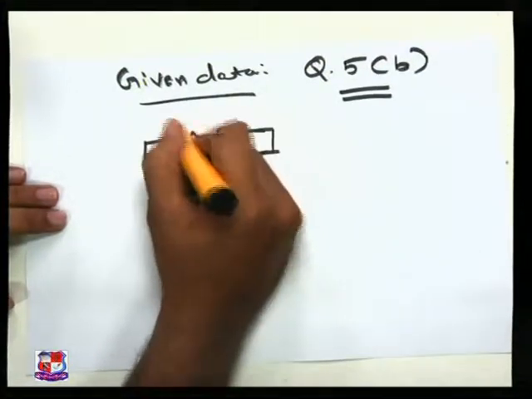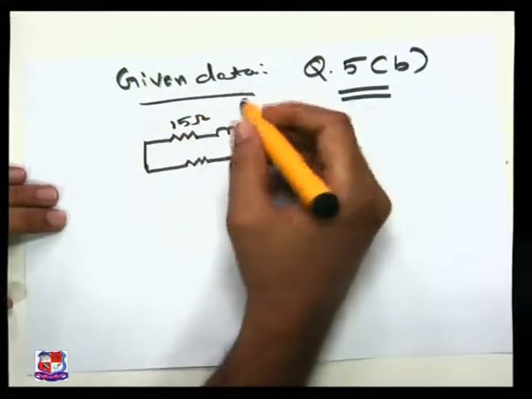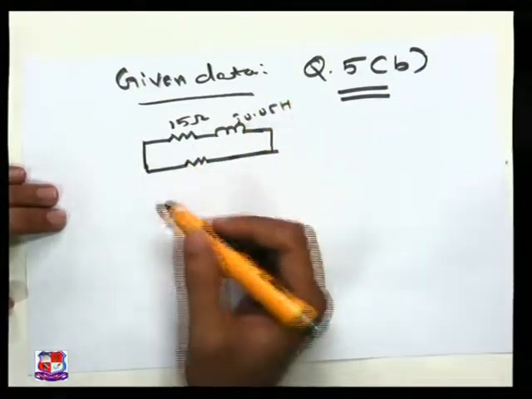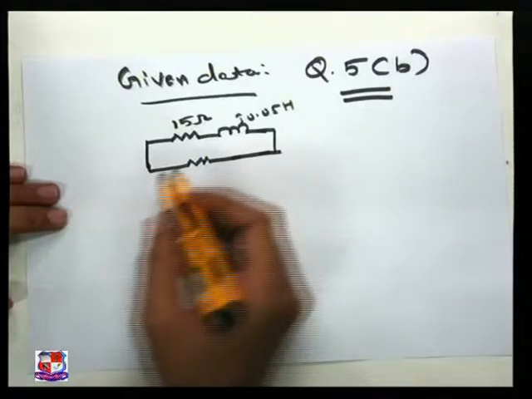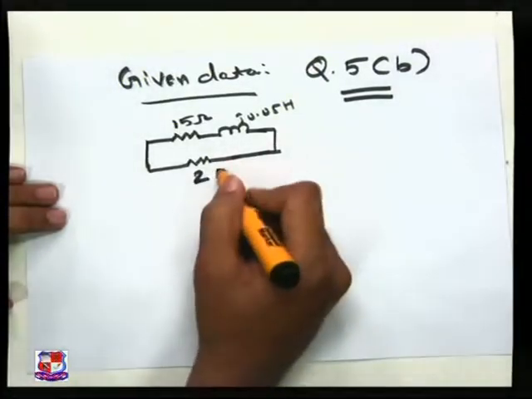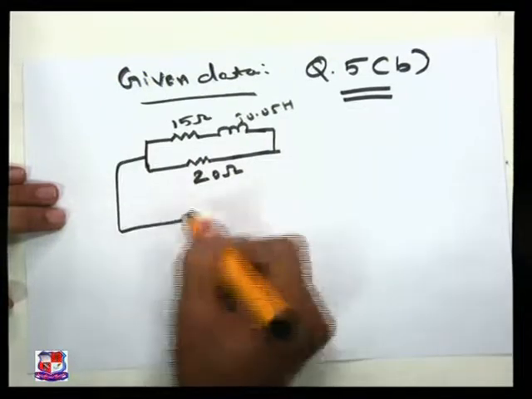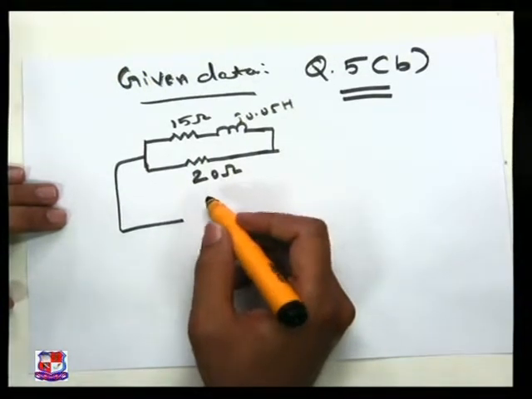So this is the 15 ohm, the inductance is given as 0.05 Henry, and it is connected in parallel with the 20 ohm resistance. All of these are connected across a 200 volt, 50 hertz supply.